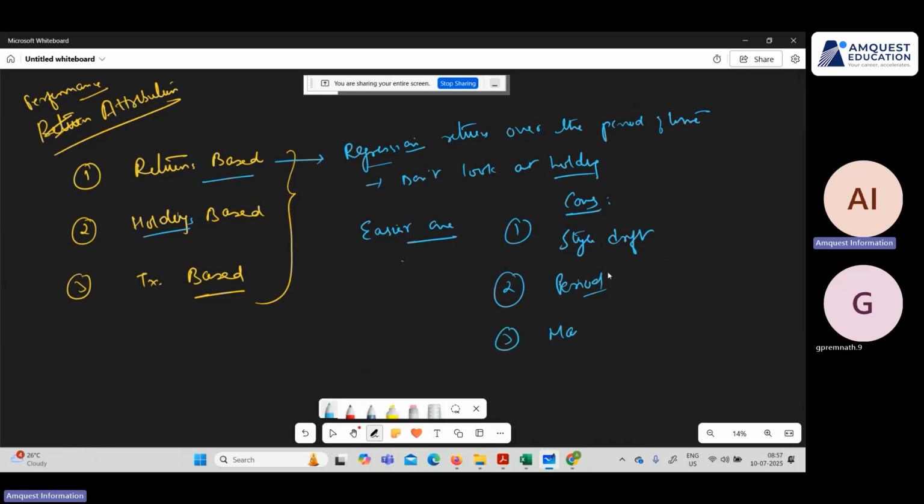Think about it, do you even know that a lot of funds have an inception date of 2008? I didn't know that. A lot of funds, especially the mutual funds that you would see, have an inception date of 2008. The reason is very simple.